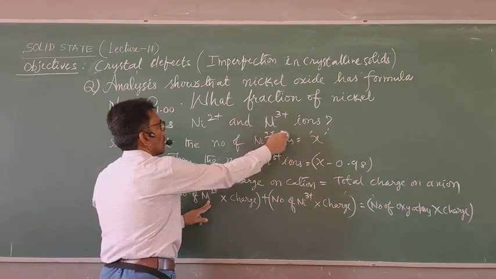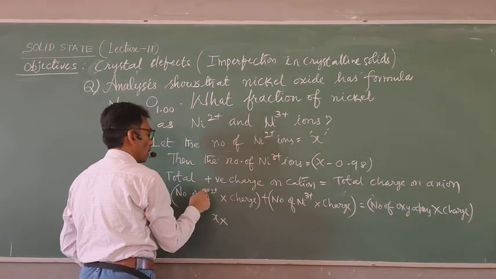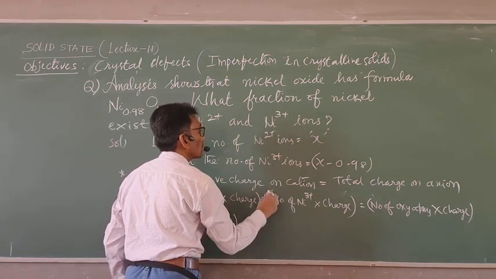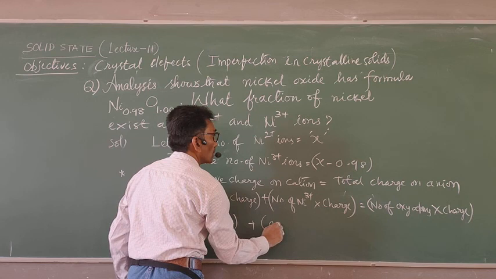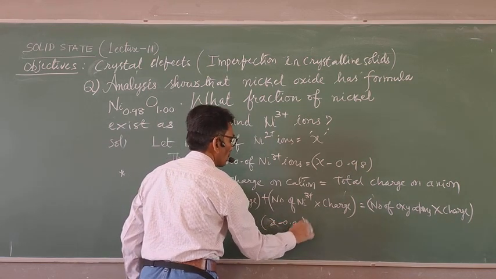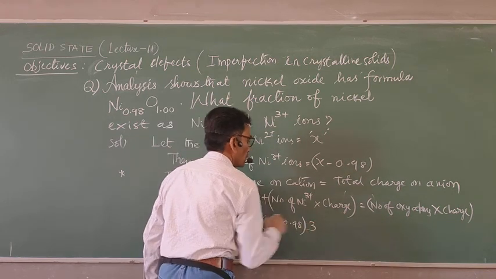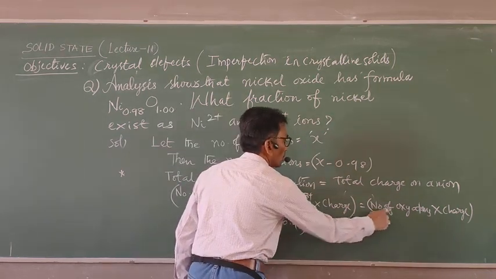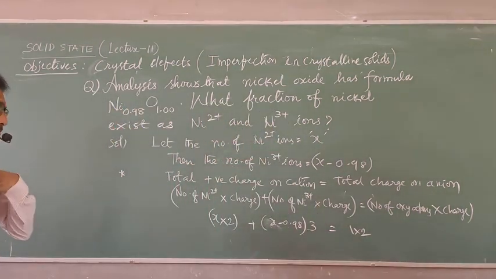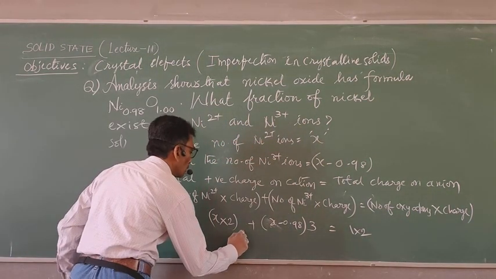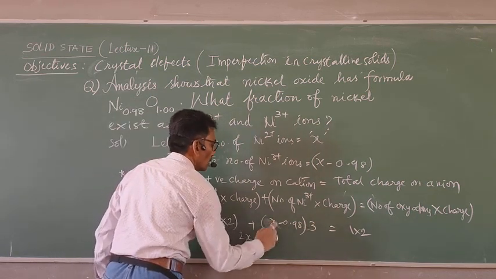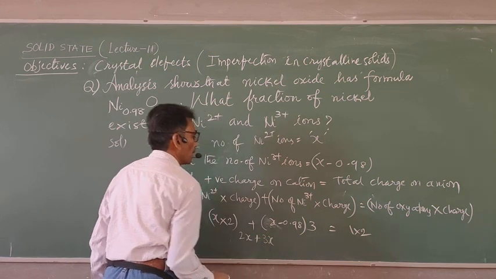Nickel 2+ ions, let x into charge is 2 units, and nickel 3+ number is 0.98 minus x, as the charge is 3 units, is equal to number of oxygens, 1 into 2. I hope you follow.